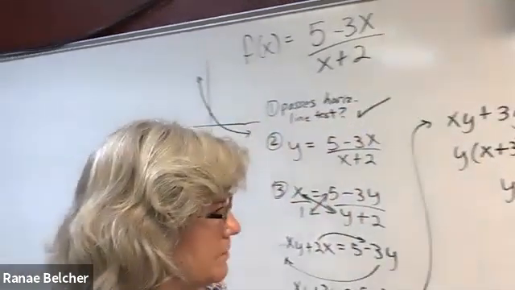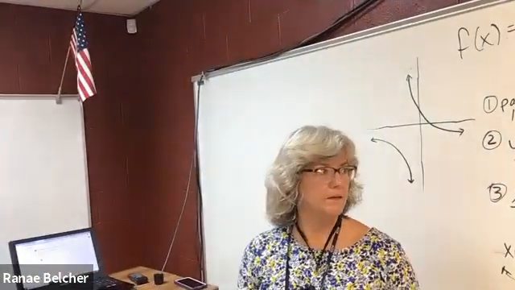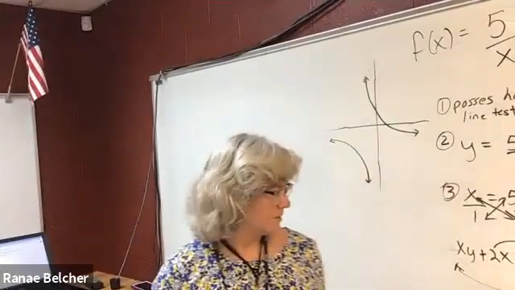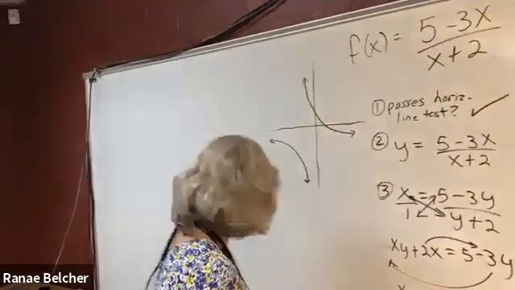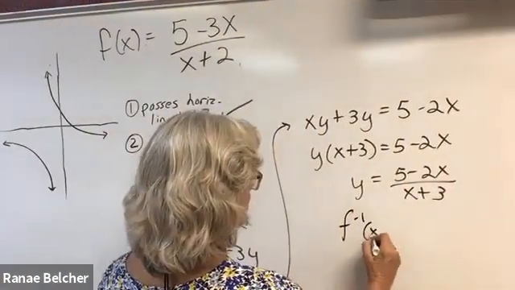Five minus 2x over x plus 3. That's the final one. So now I need to write it as f to the negative 1.